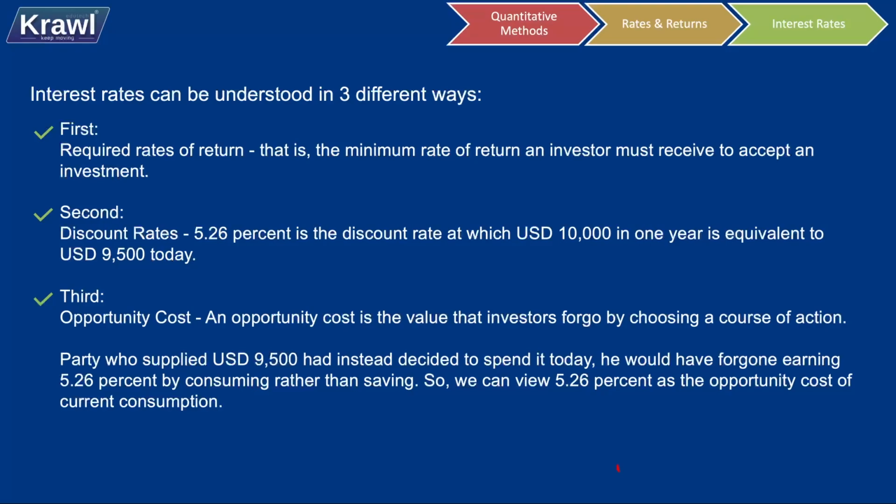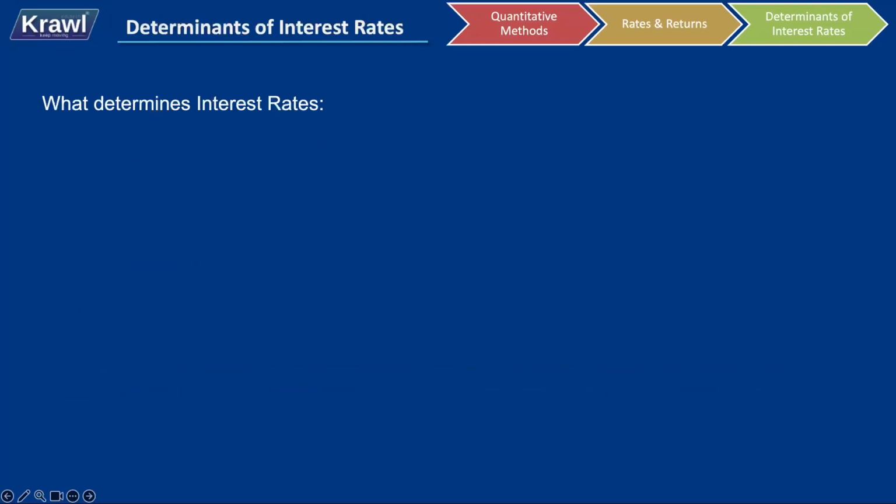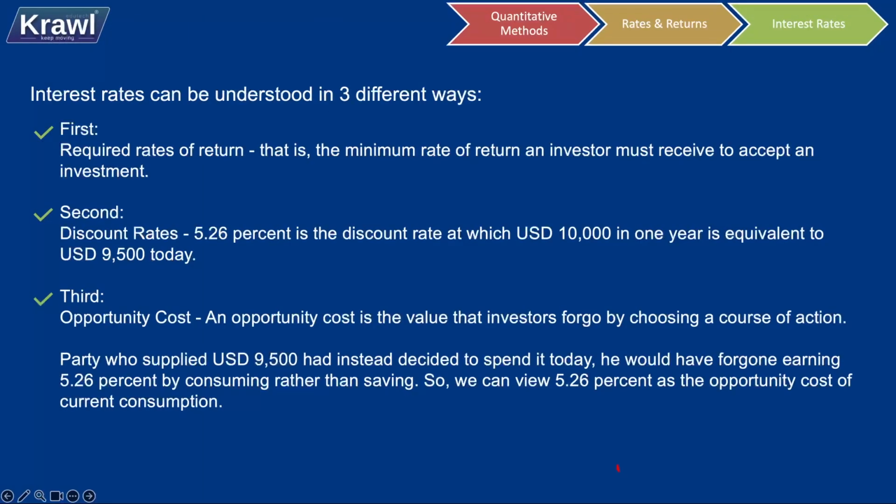And for this endeavor to push the consumption into the future, because they have foregone the consumption today, they have to be compensated. And that is what we refer to in this situation as an opportunity cost. So whether you speak of the required rate of return, or the discount rate, or opportunity cost, it is the context in which it is being discussed. That is what is important.